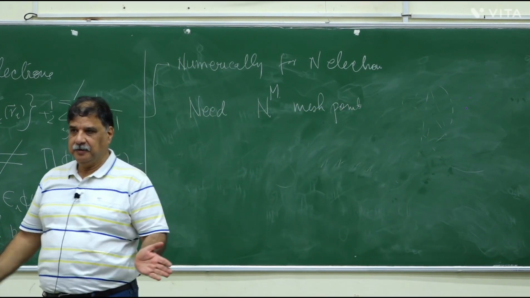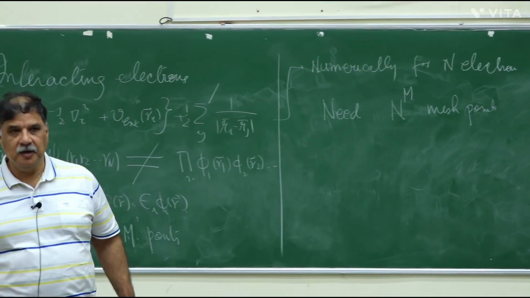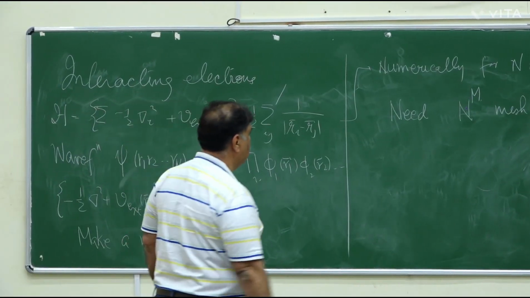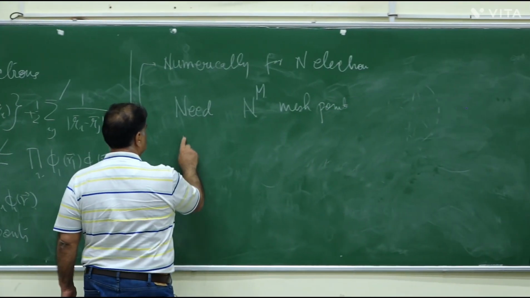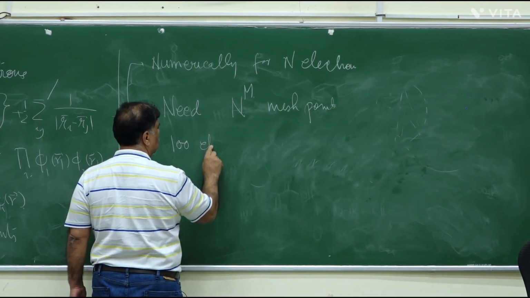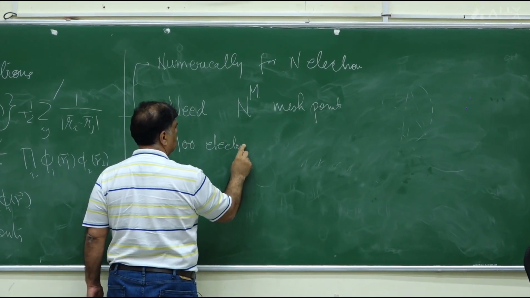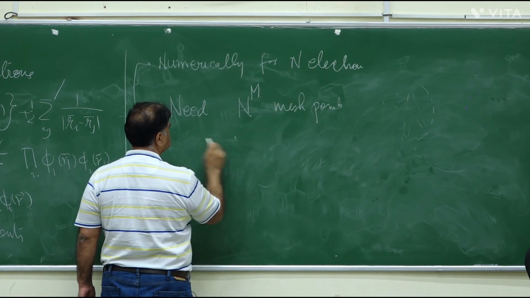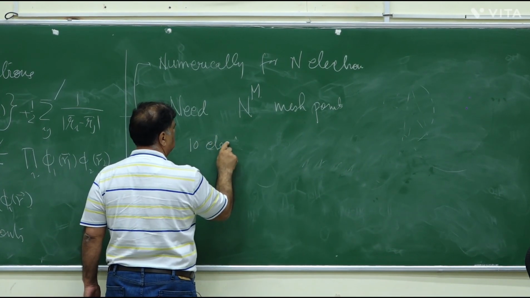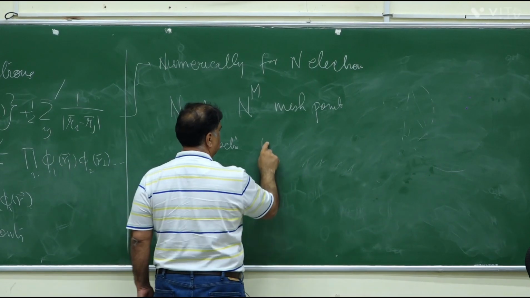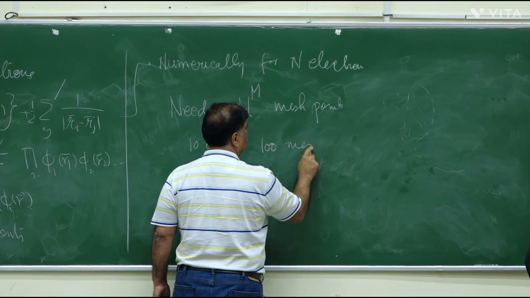I cannot separate, right? Now imagine solving for 100 electrons, or 10 electrons, and 100 mesh points.